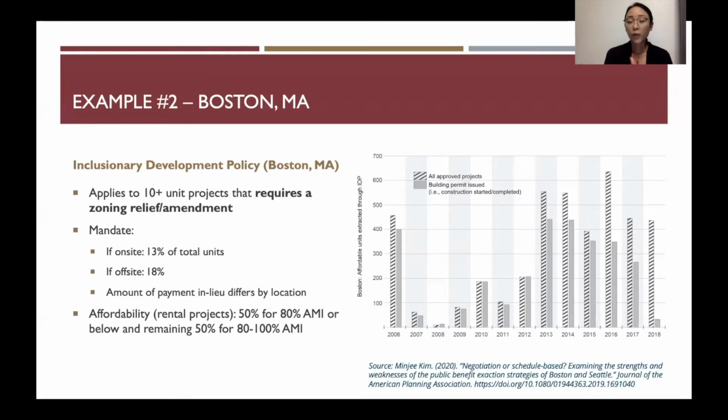So it's both for sale and rental, which is different from the Denver example. And if the developer decides to do an off-site compliance option, they have to provide more units, at minimum 18%. So there's some disincentive in doing the off-site option.